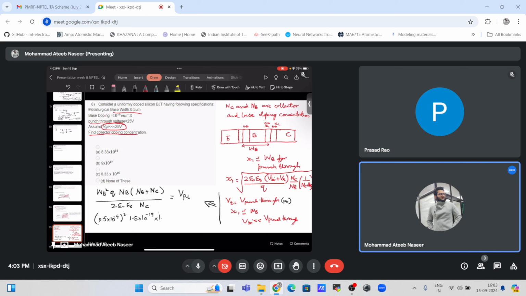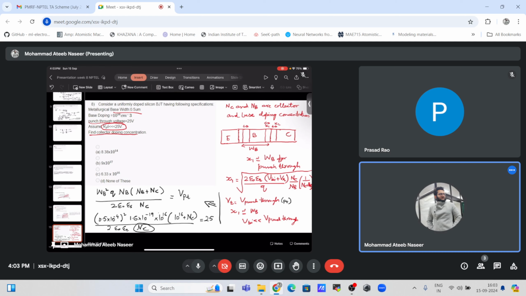NB is 10 to the power of 16, plus NC. Similarly, putting the values of these, 2 times epsilon naught epsilon r, and NC equal to 25, we will get the value for this NC. So it's now a simple mathematical problem.